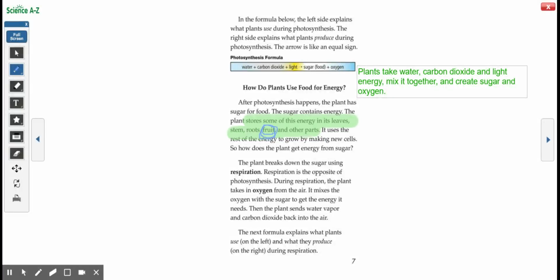So the plant breaks down the sugar using respiration. The only thing you really need to know about respiration is that it's the opposite of photosynthesis. This is all that you need to know.